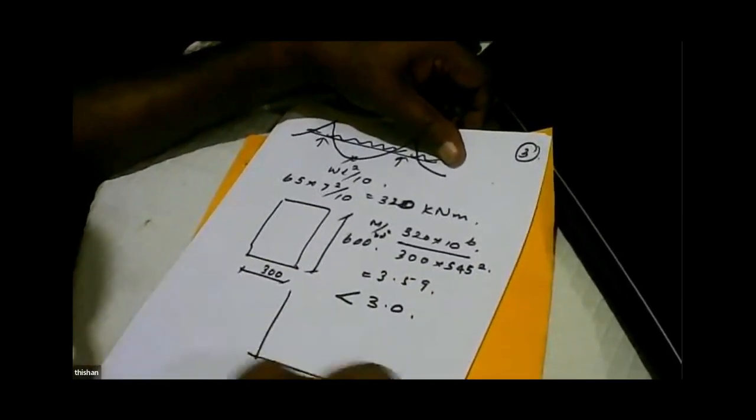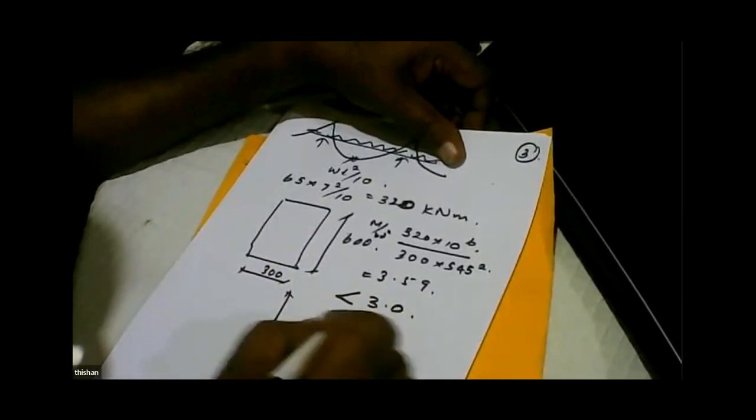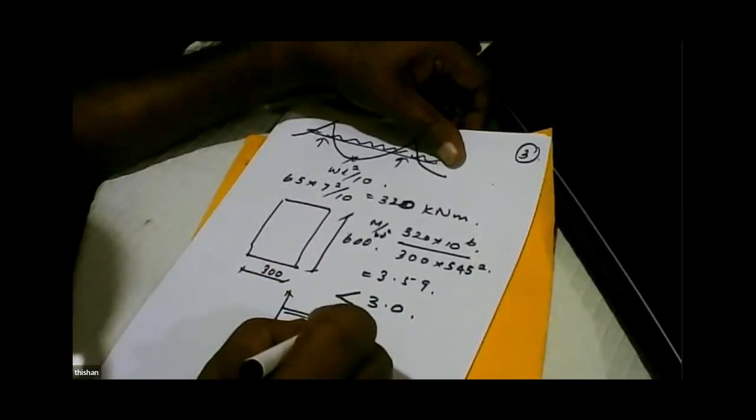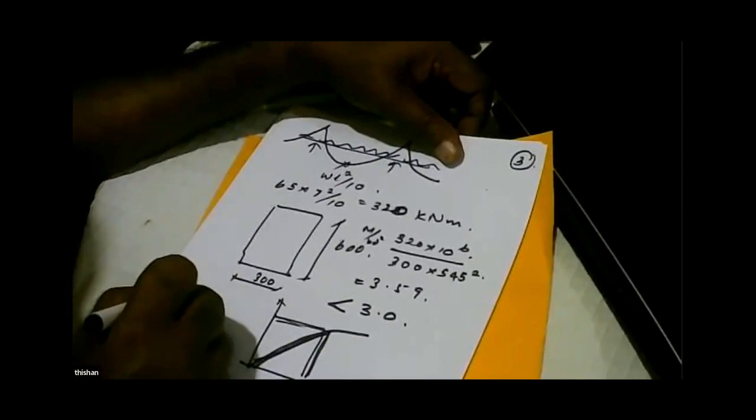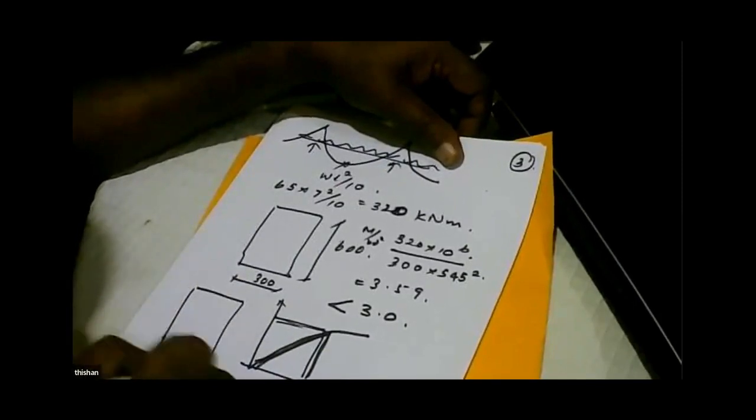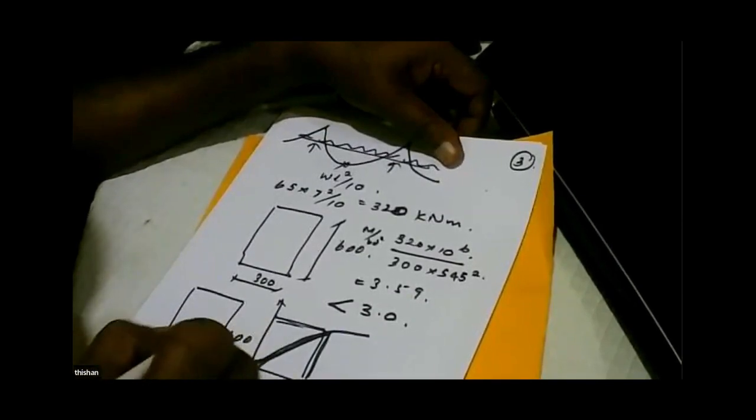If you look at that chart, you see that these values are pretty comfortable with values like 3, because it's in the straight portion. So what I do is now I'll select 350. Now what will happen if I select 350? 600.